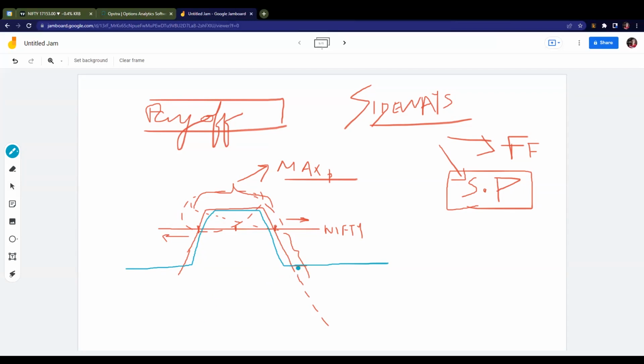See, when you buy a hedge, you're basically paying some premium, or you can say you're buying insurance. So the maximum profit as well as the break even will reduce, but that's obvious, right?